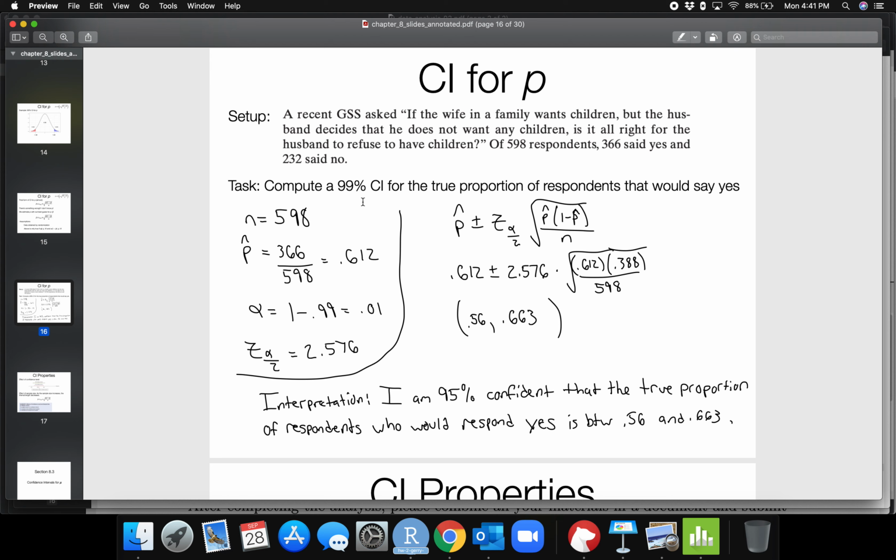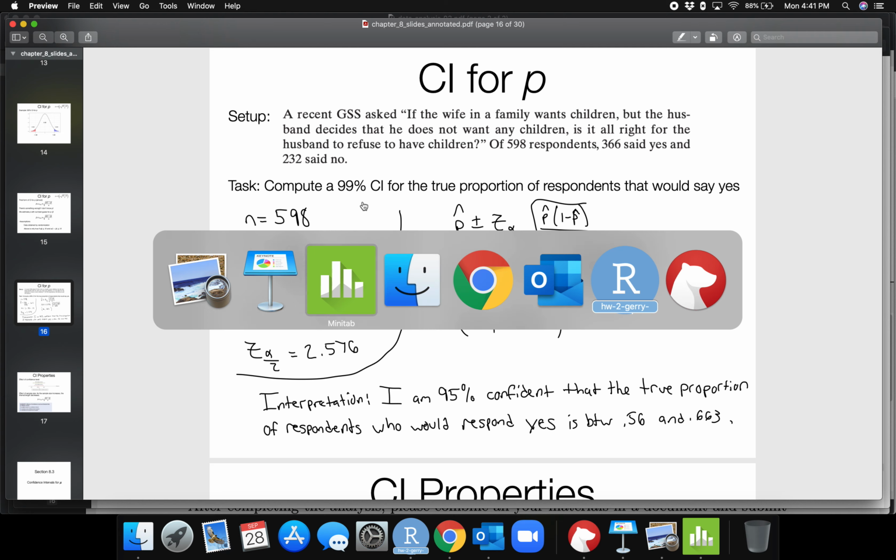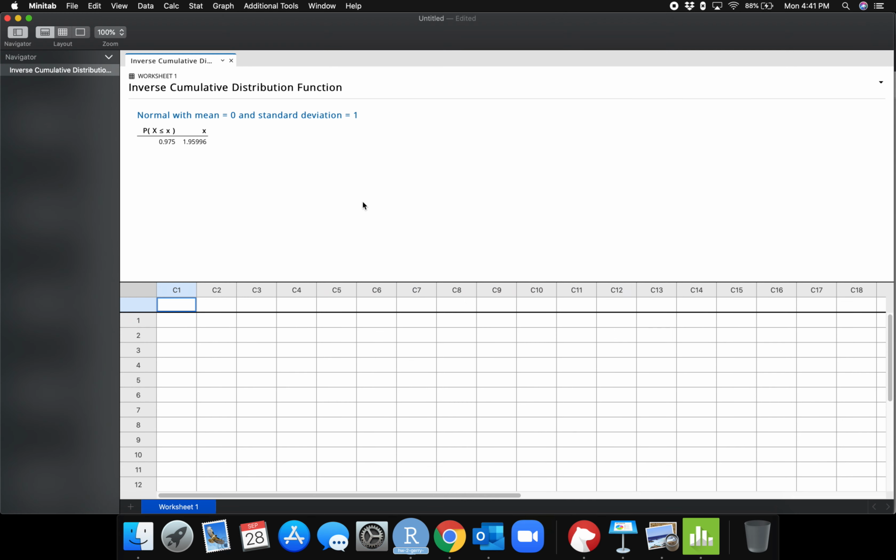That leaves me with one last thing to find, and that is z sub alpha over 2, that confidence factor. I wrote it down here as 2.576, but let me quickly go back to Minitab and show you how I found that.